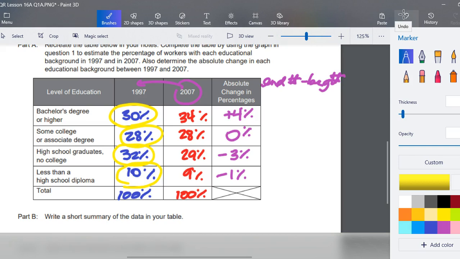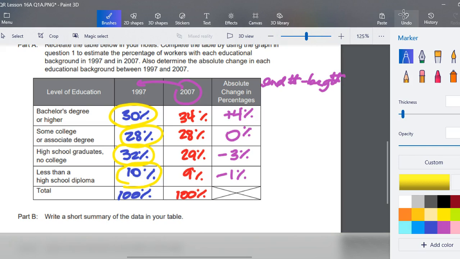So you can report out what you're seeing. The sum of the percentages is 100 because it represents all of the workers aged 25 to 64 in 1997. It's difficult to be exact using this information, but we've got a good idea using the approximates.